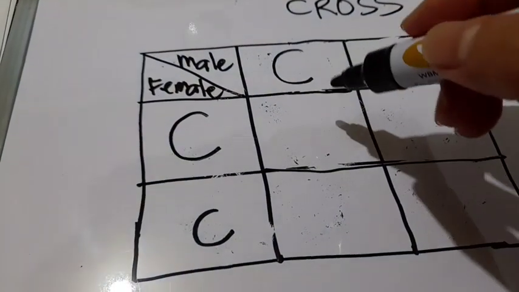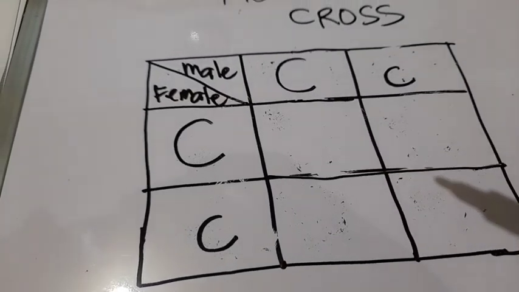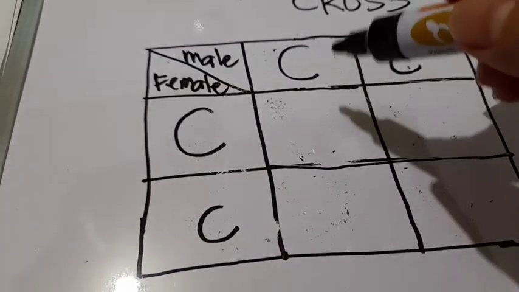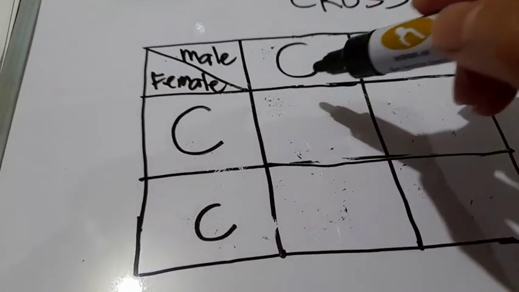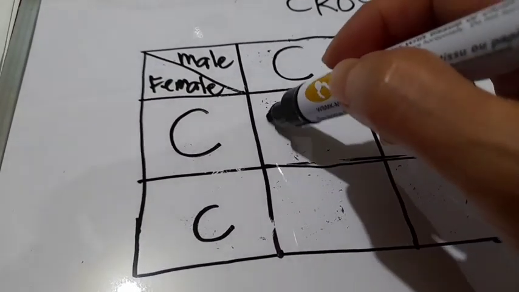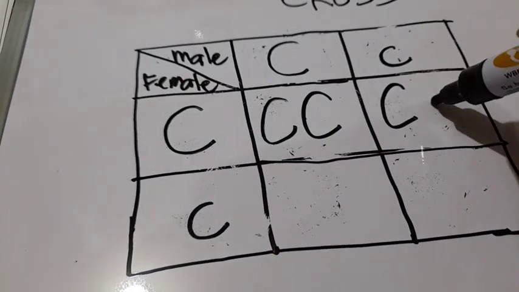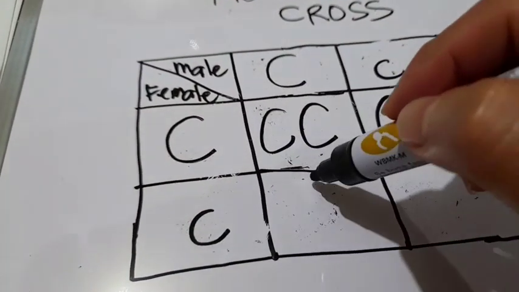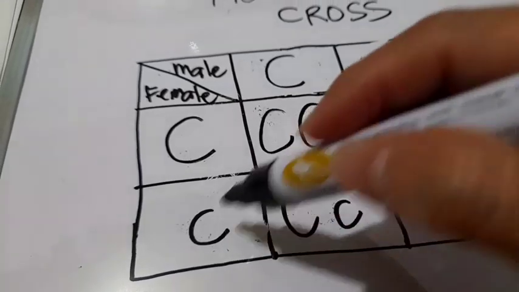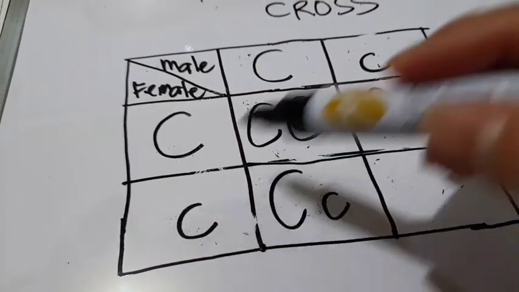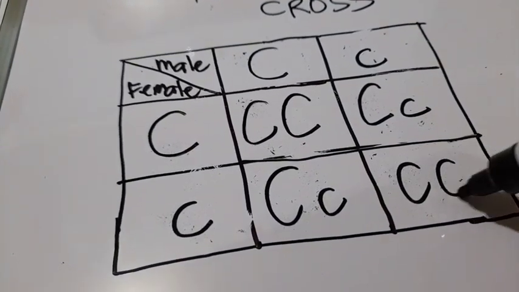So what would be the appearance of the hair of the offspring? So just the same, we follow the same rule. We cross number 1 with number 1, number 1 with number 2, number 2 with number 1, and number 2 with number 2.